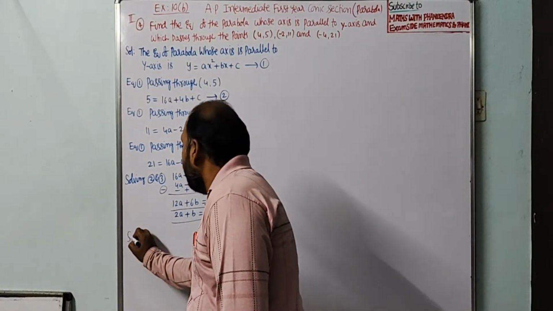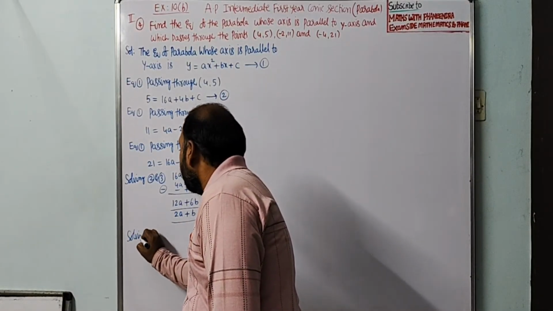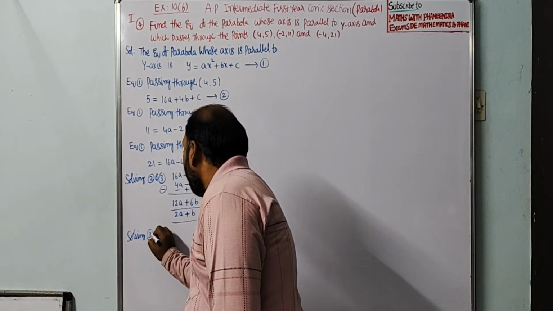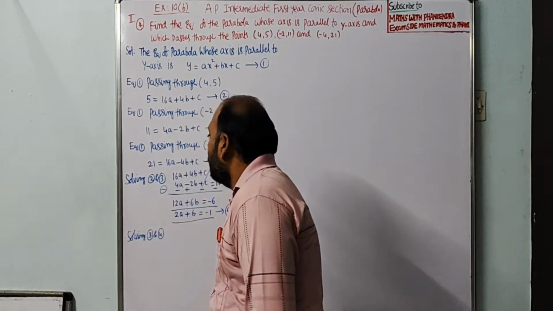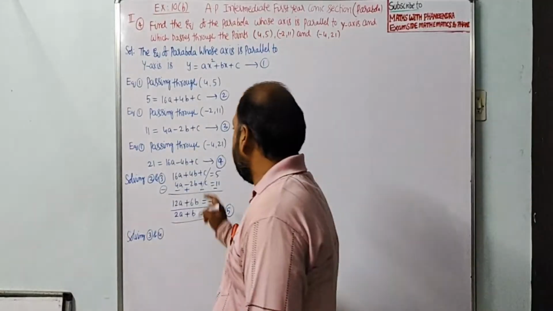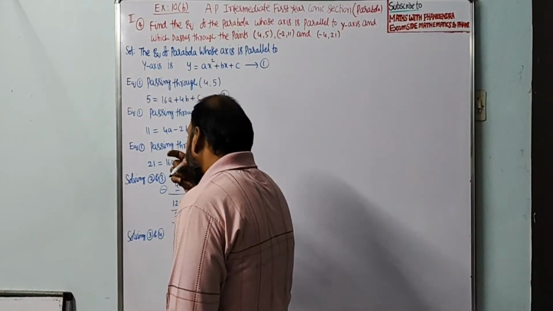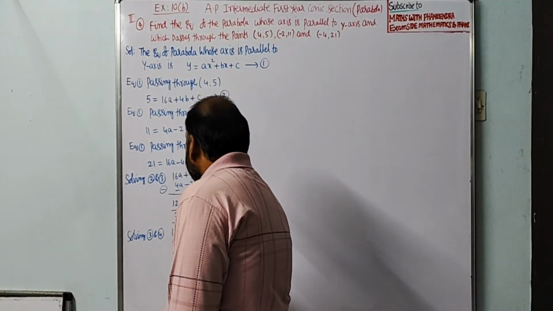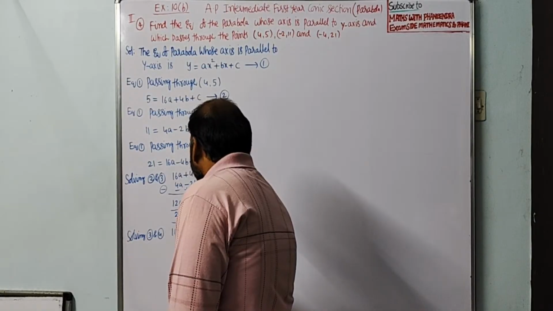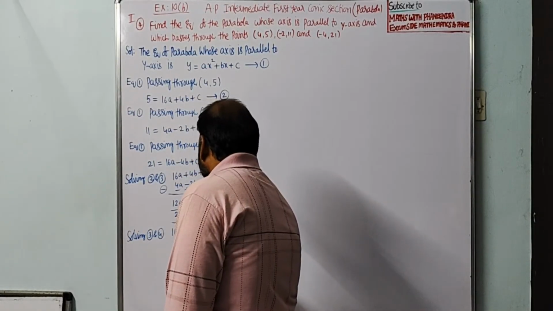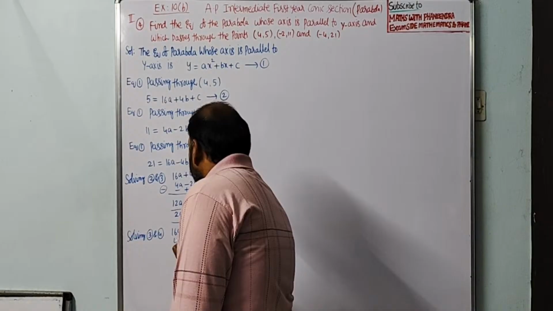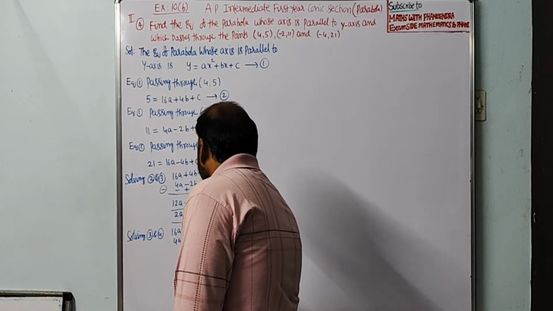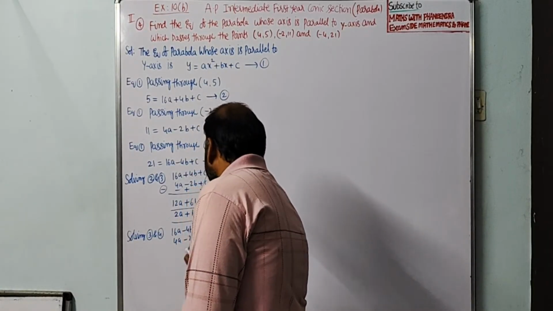Next is solving 3 and 4, this one and this one. 16a minus 4b plus c equal to 21. 4a minus 2b plus c equal to 11.